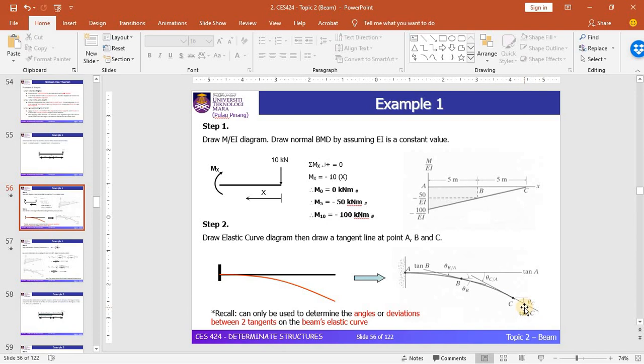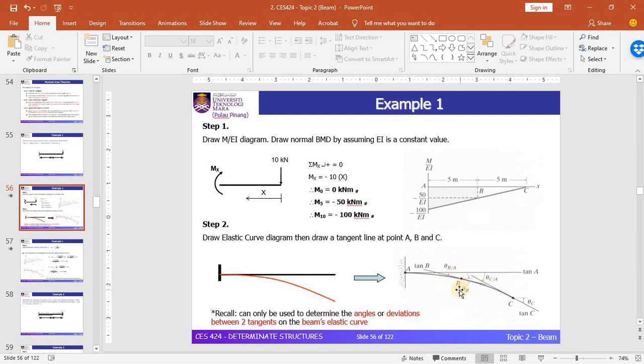Once you have indicated the angle B and angle C in the elastic curve diagram, you can proceed to indicate the relative angle. The relative angle here refers to the angle between points. For instance, you can see in this diagram theta BA and theta CA.